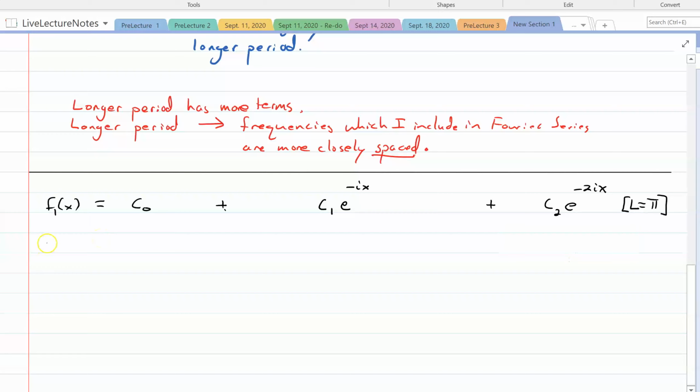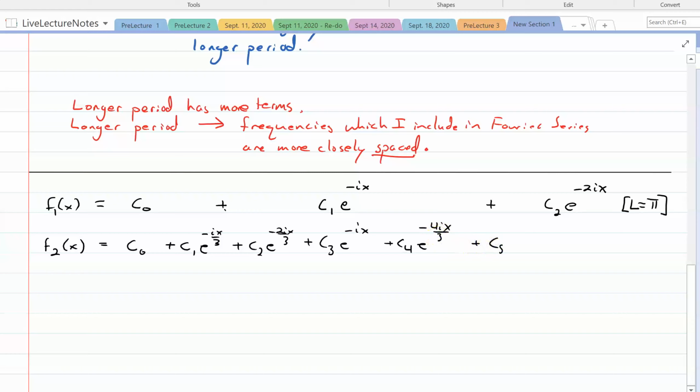Now let me consider another function, f2 of x. I'm going to write it like this: C0 plus C1 e to the minus ix over 3 plus C2 e to the minus 2ix over 3 plus C3 e to the minus ix plus C4 e to the minus 4ix over 3 plus C5 e to the minus 5ix over 3 plus C6 times e to the minus 2ix.